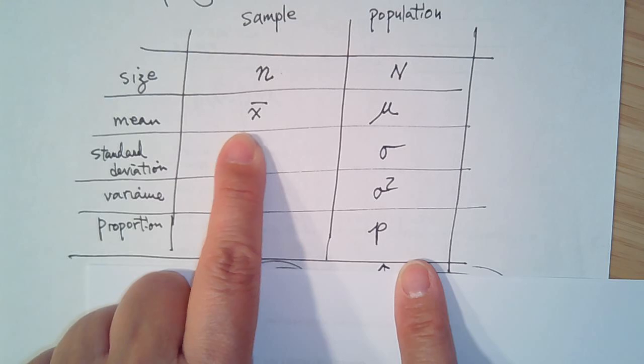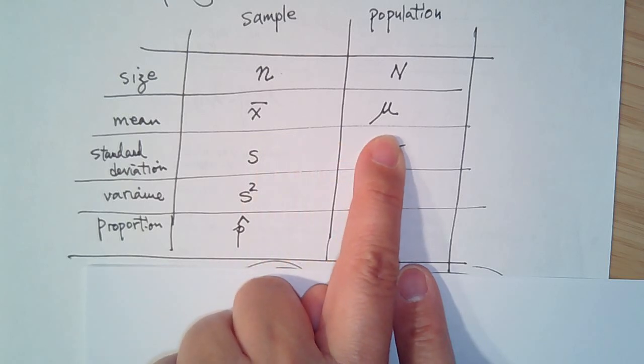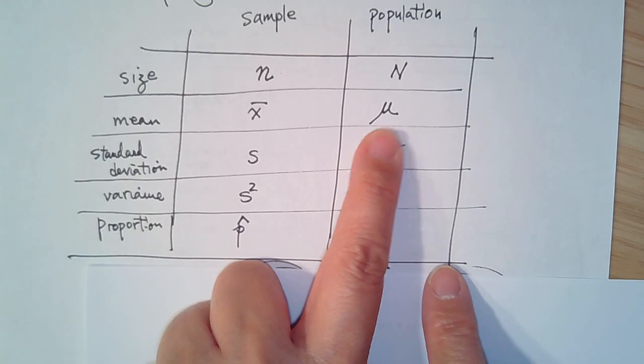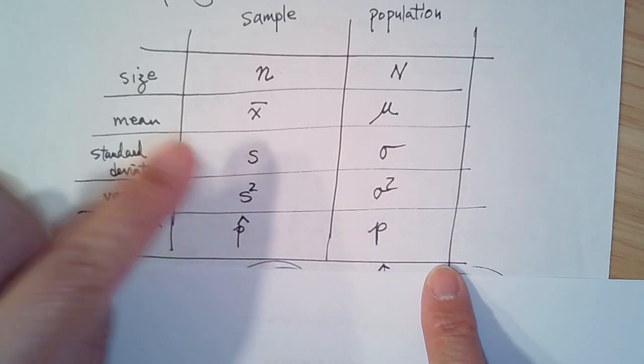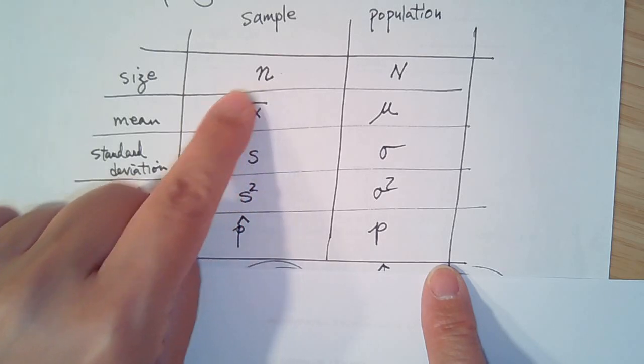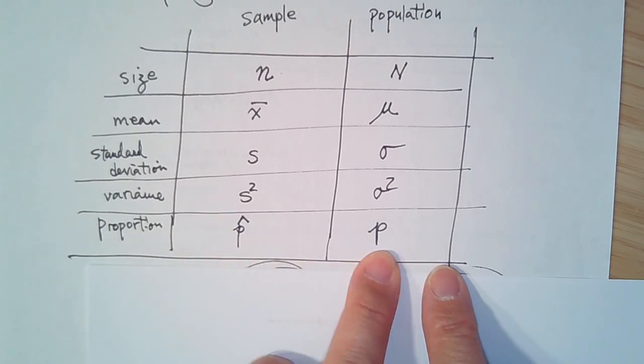Also for x bar, the sampling distribution of x bar, if you have that distribution, then the mean of this x bar should be very close to or the same as the population mean. So if you do this a million times or billion times, then the mean of this is the same as that.